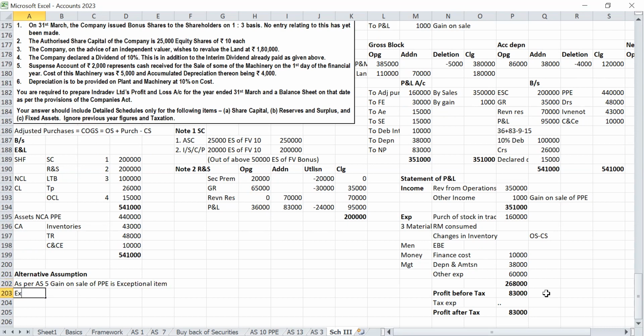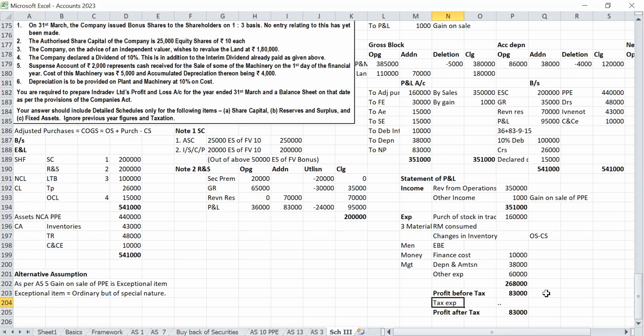What is exceptional item? In detail, we will discuss under AS5. What is exceptional? Ordinary, but of special nature. Ordinary activity relating to business only, but of special. Rarely it will happen. So that you should write under exceptional item. Like that one assumption is also there.